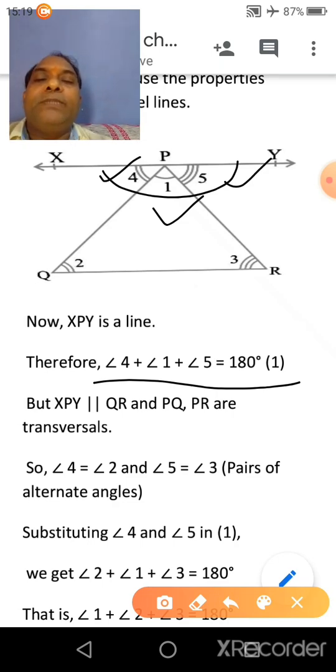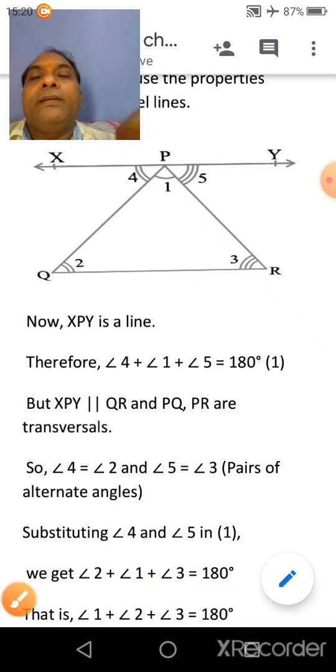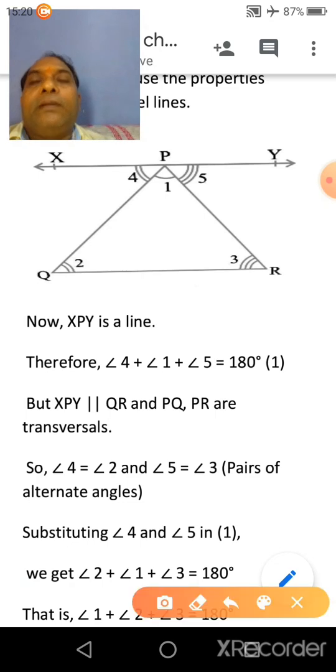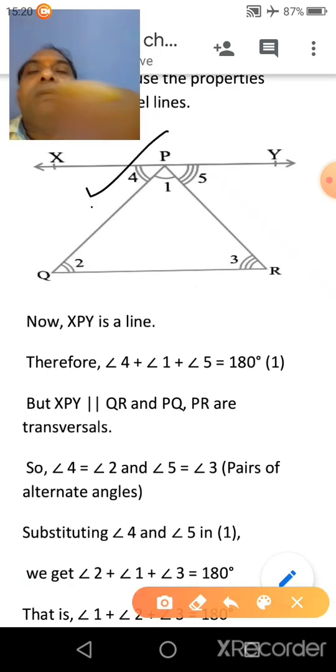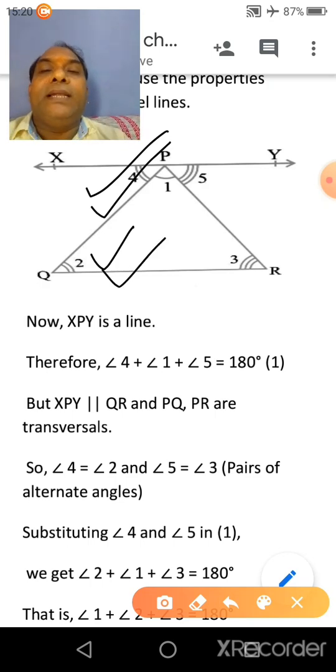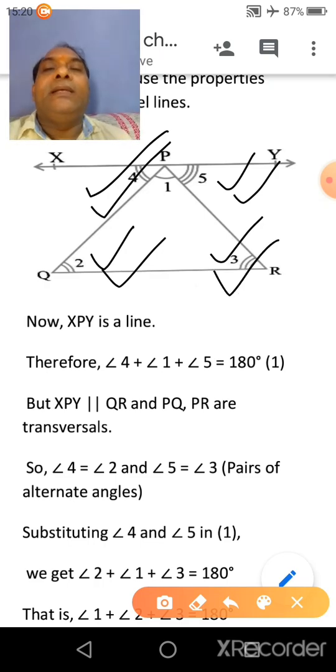Because XY is parallel to QR. Clear? So angle 4 will be equal to angle 2, alternate interior angles, and angle 5 will be equal to angle 3, alternate interior angles. Clear?